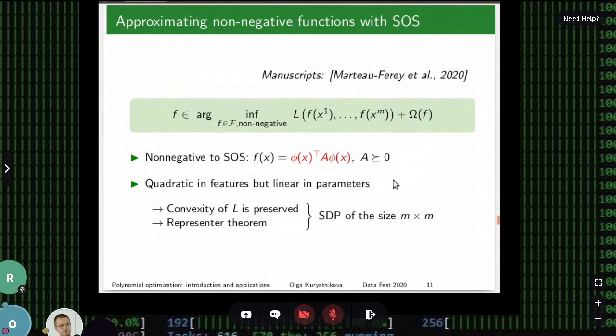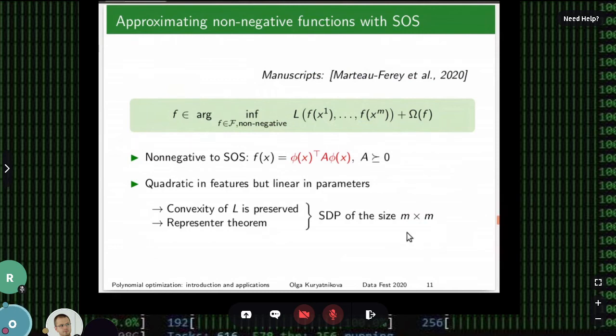And this function is still linear in A. So it stops being linear in the features, but it is still linear in A, and A in this whole problem becomes our optimization variable. So it is very good for us that our optimization variable still appears in some linear way.